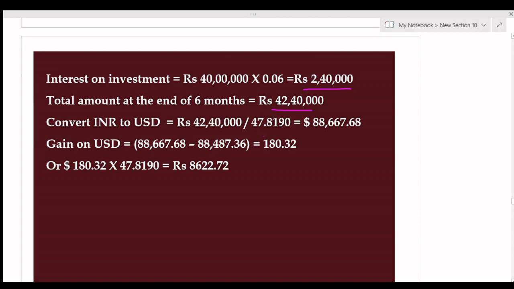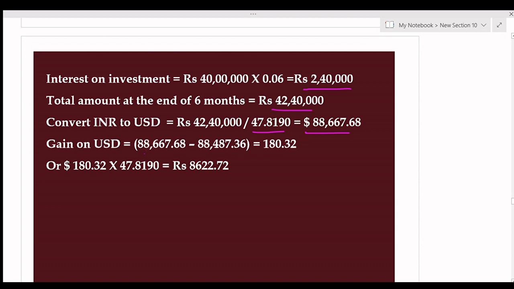Now convert INR to USD, that is, divide by the forward rate 47.8190. 42 lakhs 40,000 divided by 47.8190 is equal to $88,667.68, which is higher than the borrowed amount.